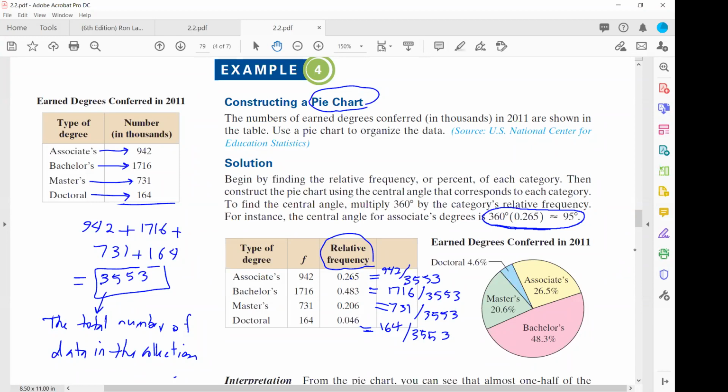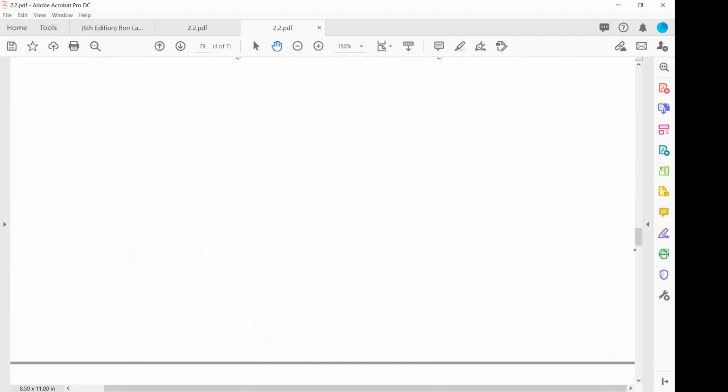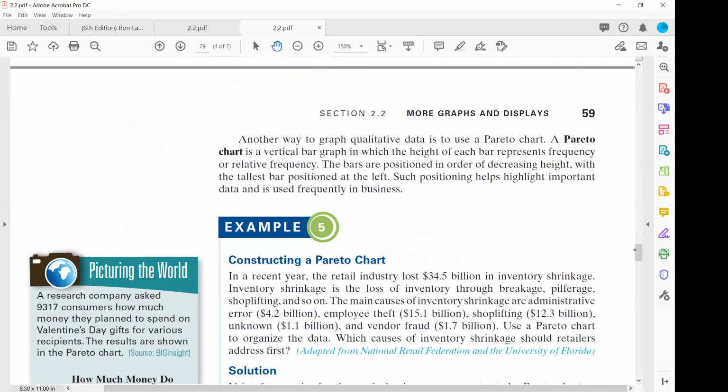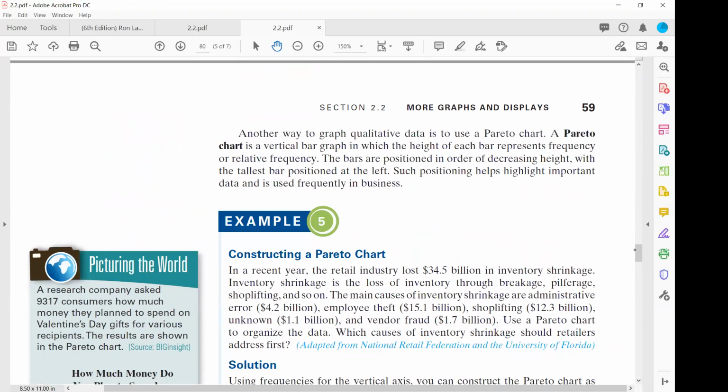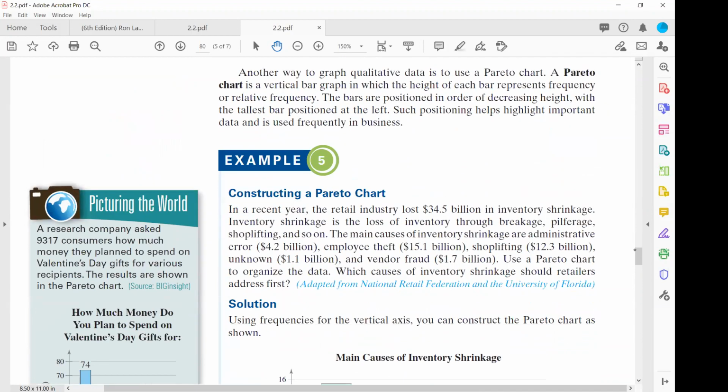Any other question? Perfect. Very well. So far we talked about bar chart.